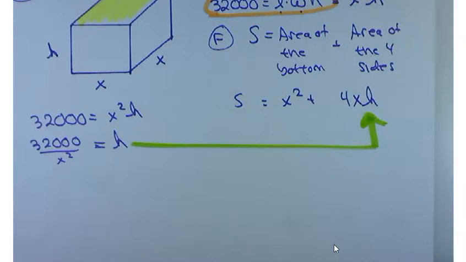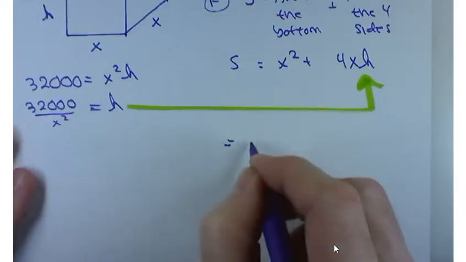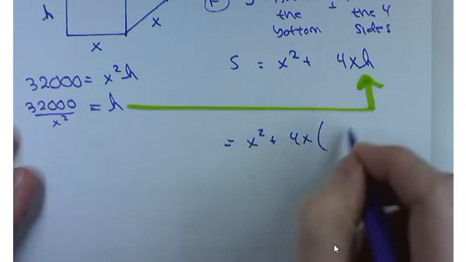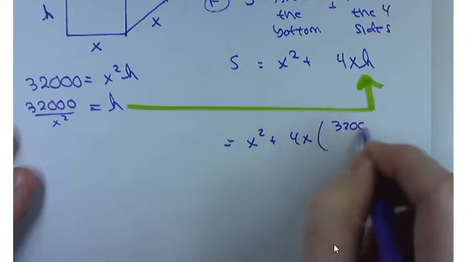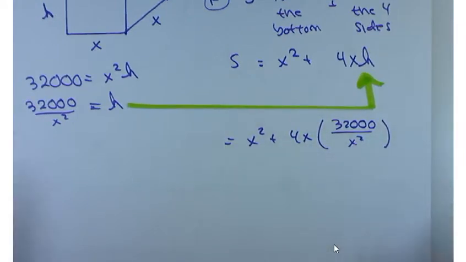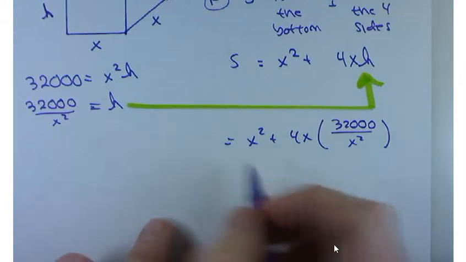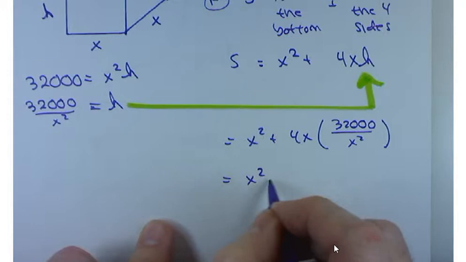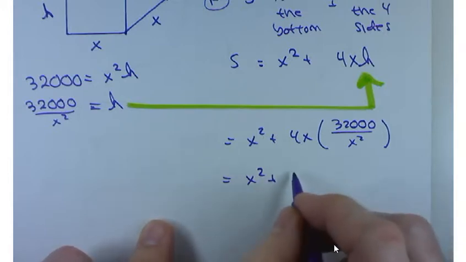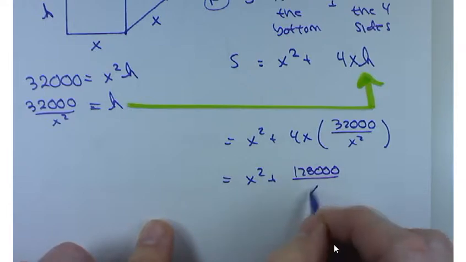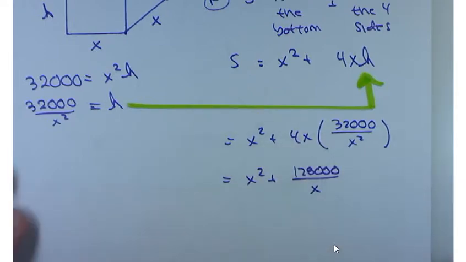Let's see what that gives me. That's going to give me X squared plus 4X times 32,000 over X squared. And we can clean that up a little bit. That's going to be X squared plus 128,000 over X, because one of those X's is going to cancel.